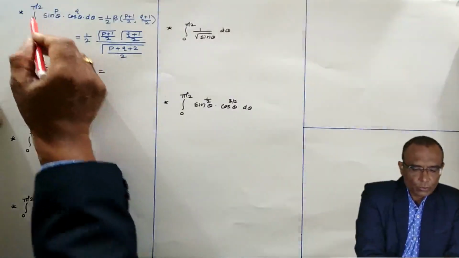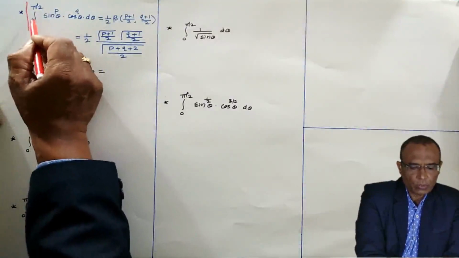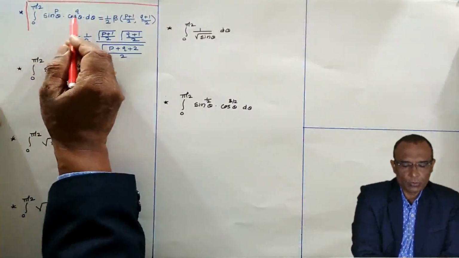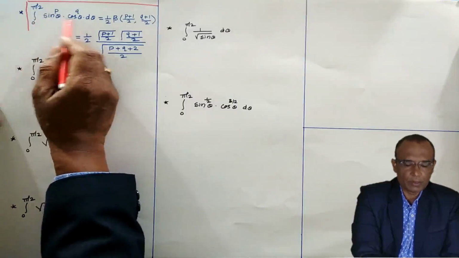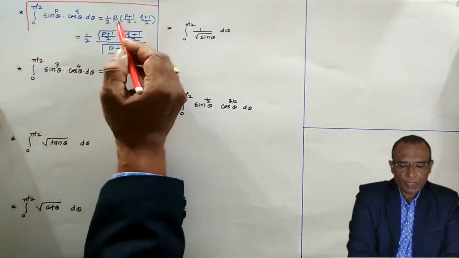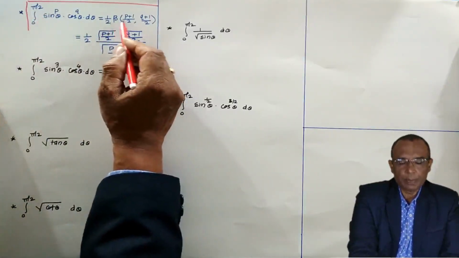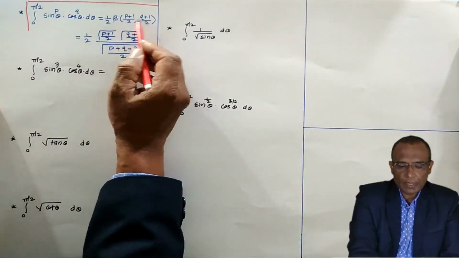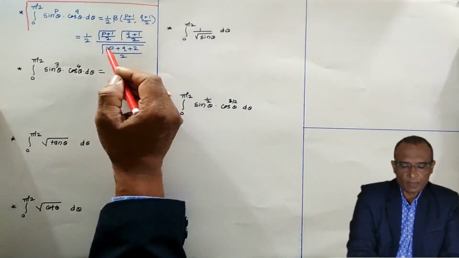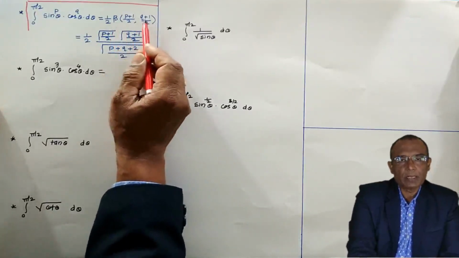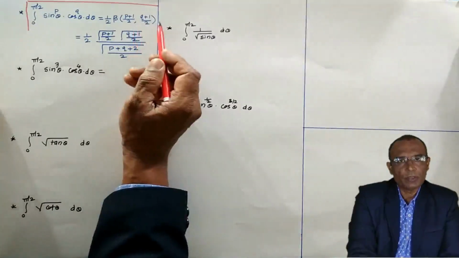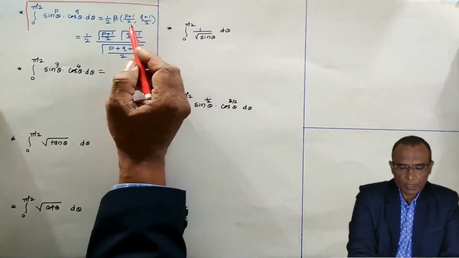Now this is known to you. The integral from 0 to pi by 2 of sin power p, cos power q is 1 by 2 beta (p plus 1 by 2, q plus 1 by 2). This beta can be converted into gamma like this: beta m n is gamma m, gamma n divided by gamma of the sum of the two parameters, m plus n.